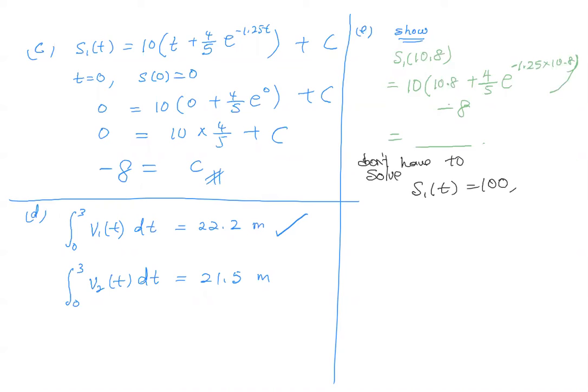If you want, you can, but it's not necessary. Do you get approximately 100? Yes, miss, approximately 100. So you don't waste your time doing this when you come to a question of show.